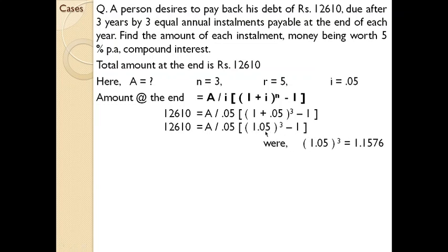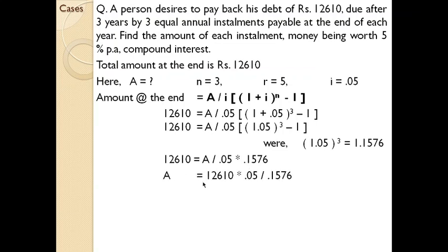We know 1.05 raised to 3 means you need to multiply 1.05 three times, and you will get 1.1576. Substitute that in the equation: 12610 equals A divided by 0.05 into (1.1576 minus 1), which gives 0.1576.